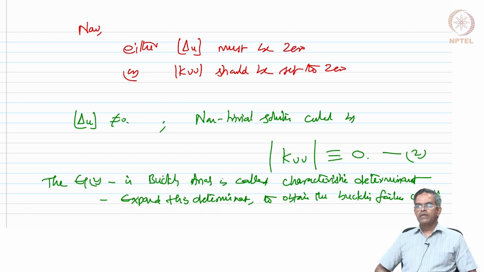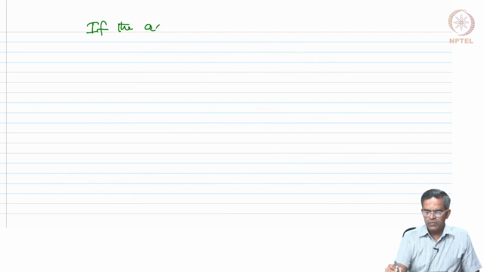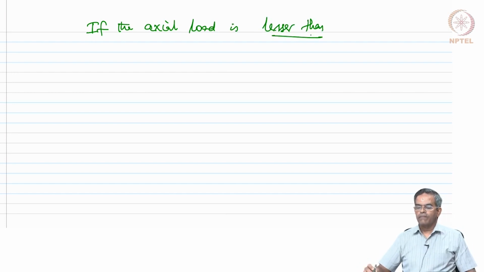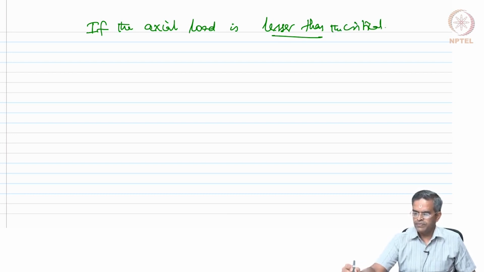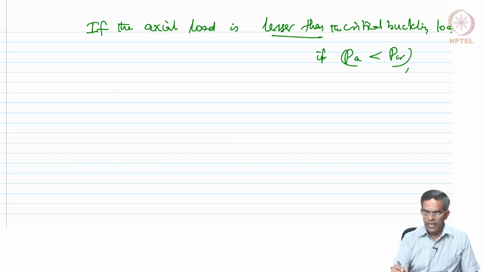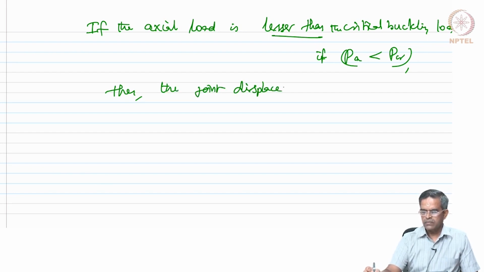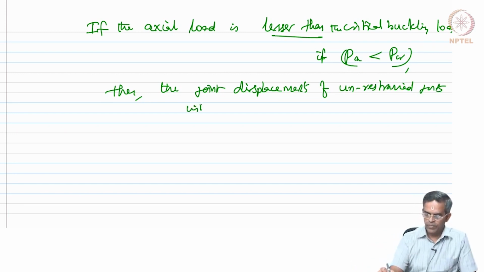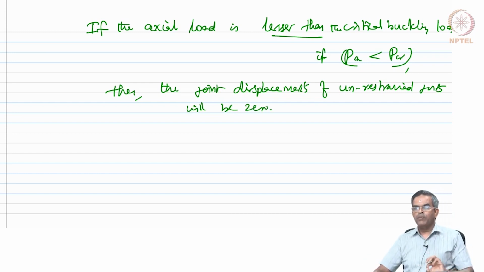Friends, we should also remember, if the axial load is lesser than the critical buckling load, that is, if axial load is lesser than critical buckling load, then the joint displacements of unrestrained joints will be 0, because for buckling failure you have to impose this displacement.